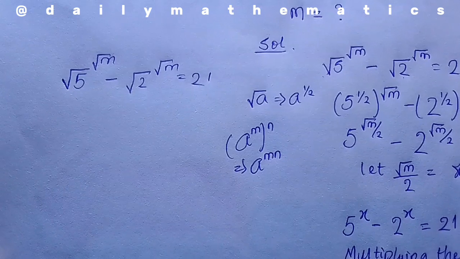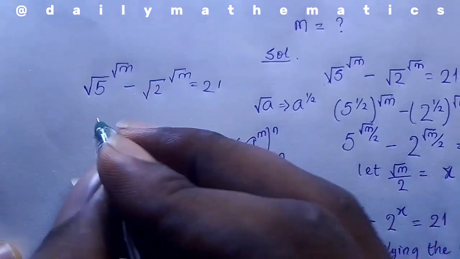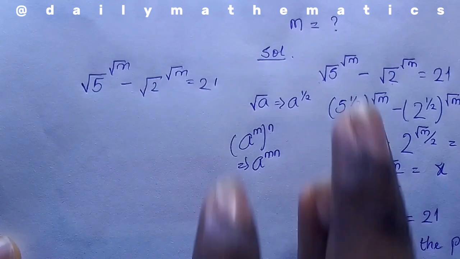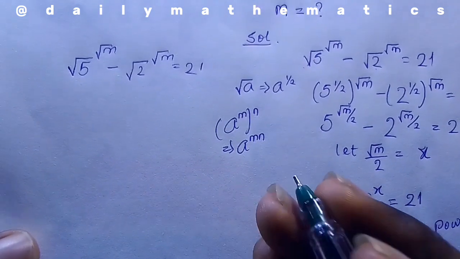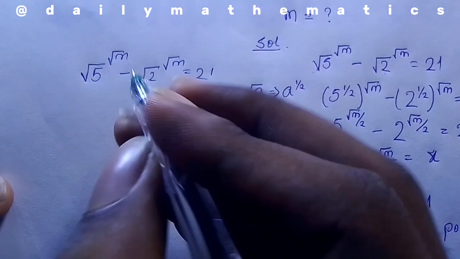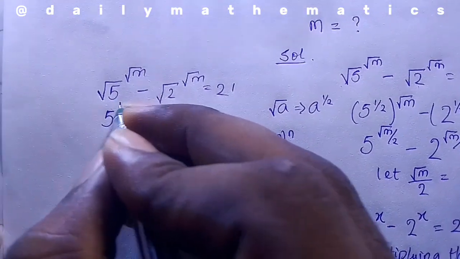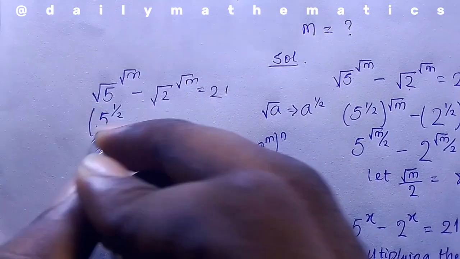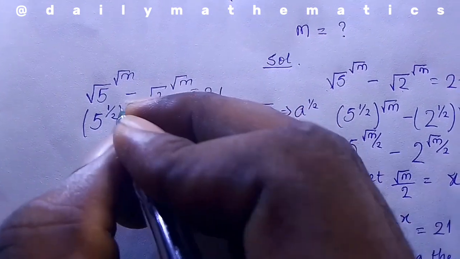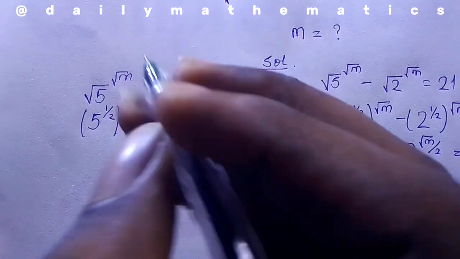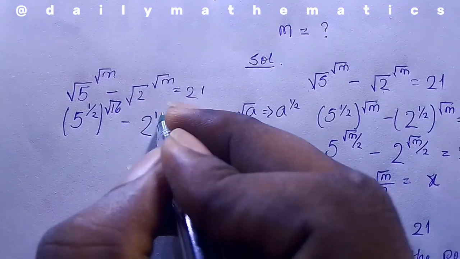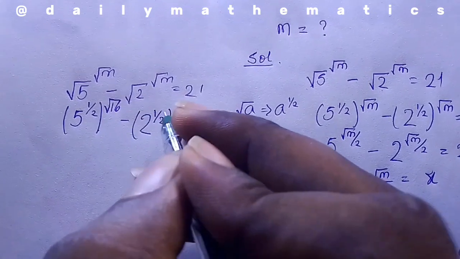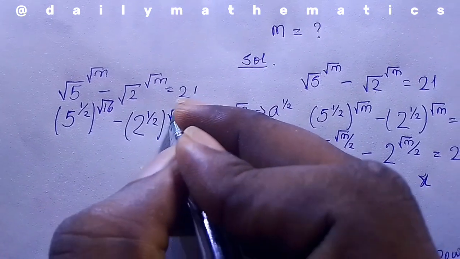We have found out that m is 16. And remember what we proved here, where we say root a equals a raised to the power of 1 over 2. So let's have it here, root 5 is 5 raised to the power of 1 over 2, and root m, we have root 16, because m is 16, minus 2 raised to the power of 1 over 2 raised to the power of root 16.